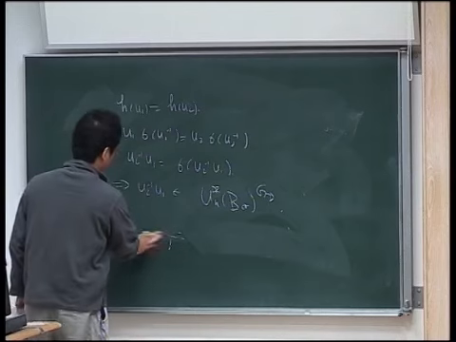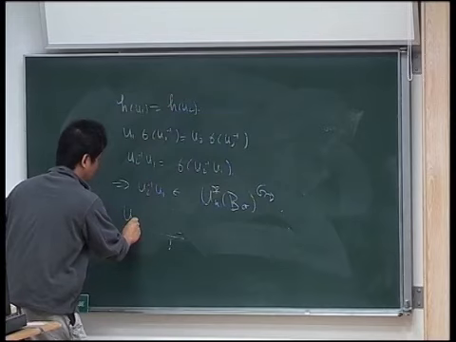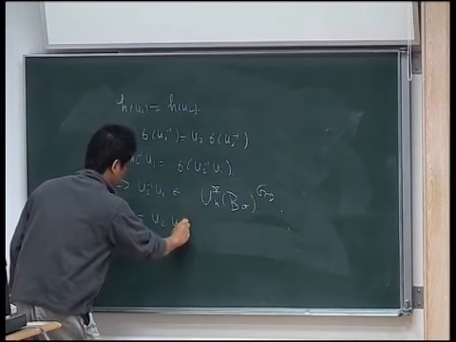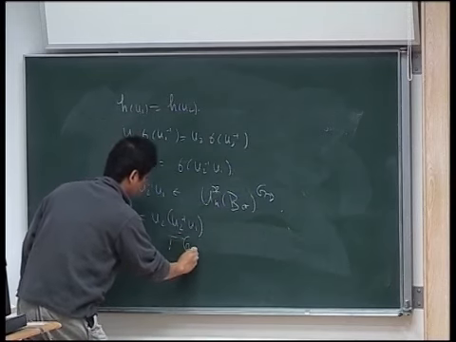So we can write U1 as U2 times U2 inverse U1, where this element is GV fixed.